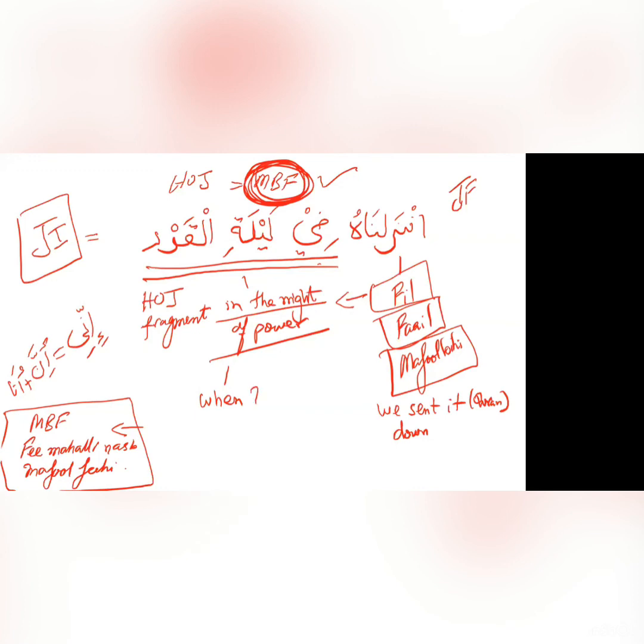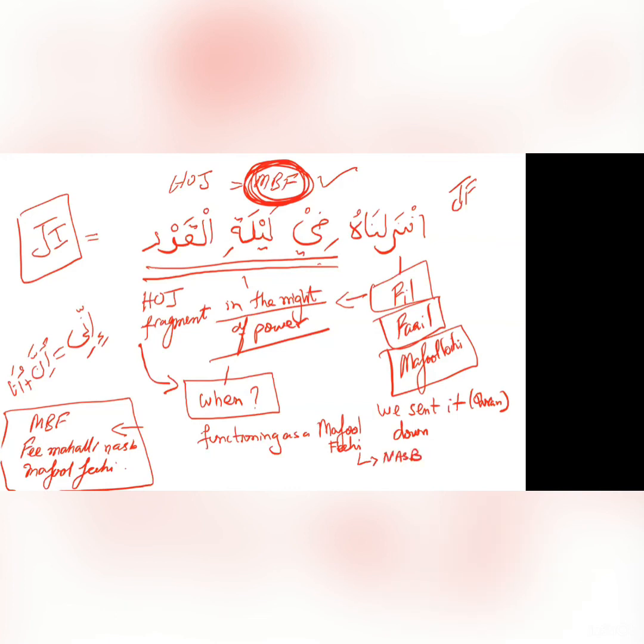So because it is answering when, it is essentially functioning as a maf'ul fihi. And we know that maf'ul are always ism in nasab. They have a status. What is the status?